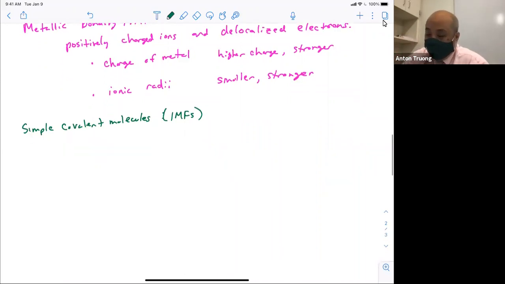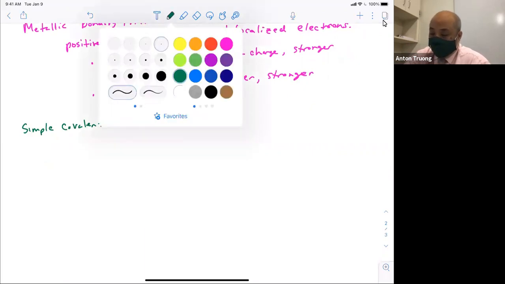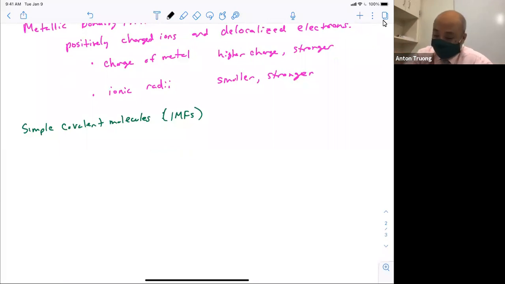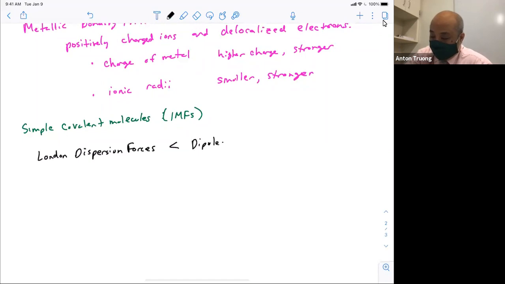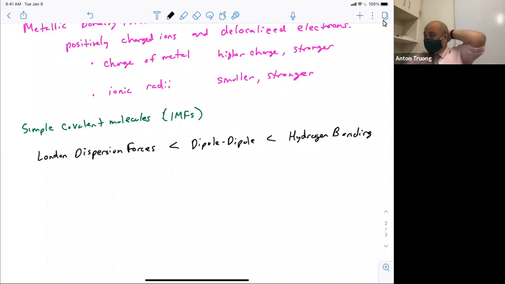And so with that, now you've got 3 different types of attractions that you have to talk about. London dispersion forces, dipole-dipole, and hydrogen bonding. Okay.